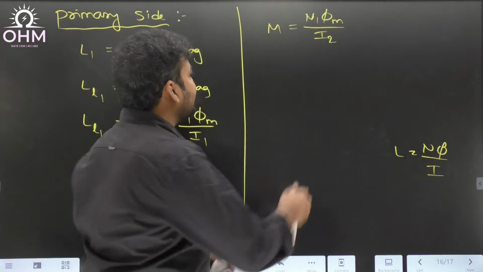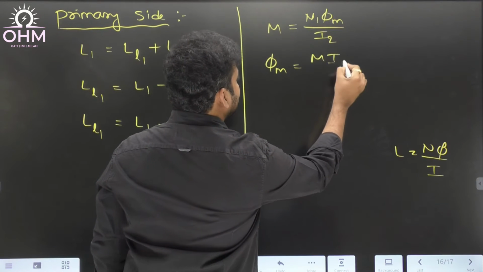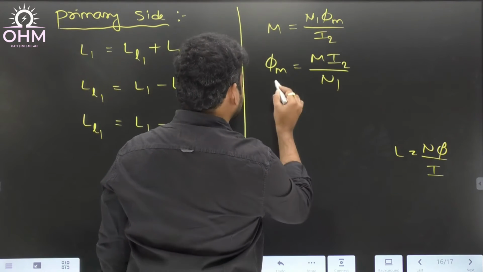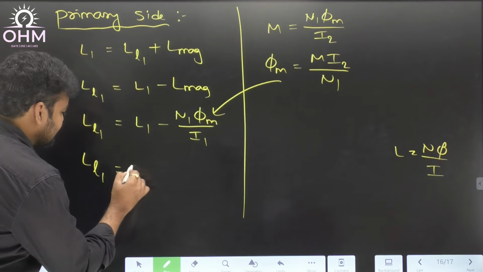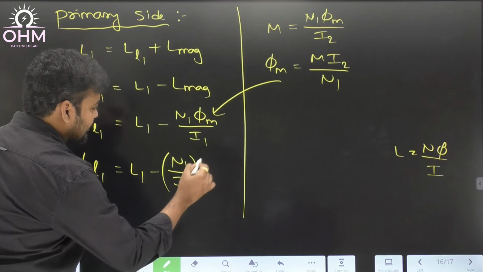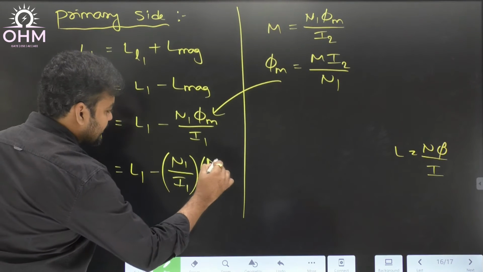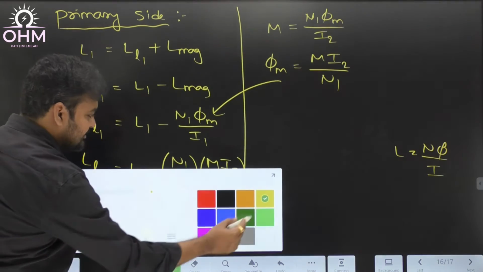Okay. Now separate phi m from this formula. Therefore, phi m is equal to M I2 divided by N1. Substitute that phi m here. So if I continue, L1 is equal to L1 minus N1 by I1 into phi m, which is M I2 by N1. Now what happens here?